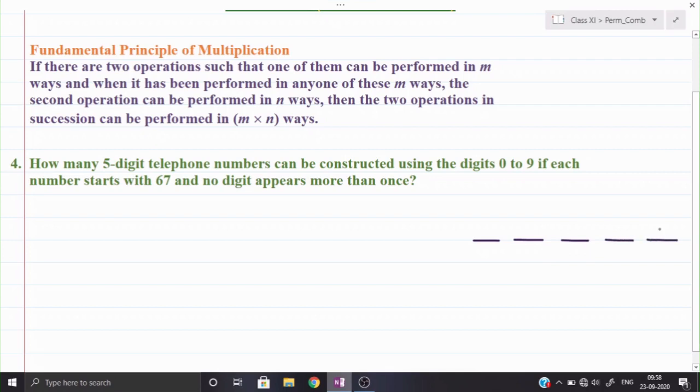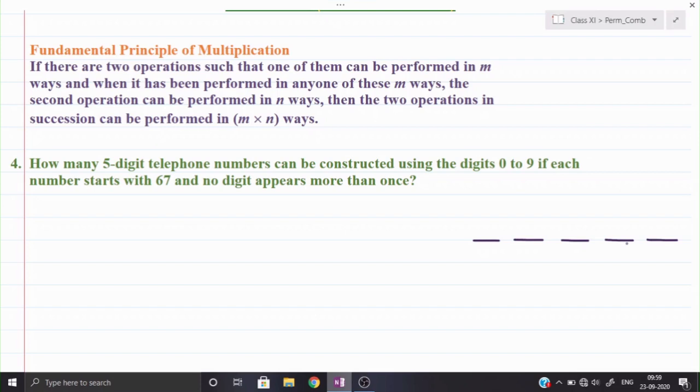This is only for your understanding, not required in the examination; theoretically you have to explain. Now this 5-digit telephone number I have to generate. What is the last condition written there? No digit appears more than once, meaning repetition is not allowed. Remember, repetition is not allowed.